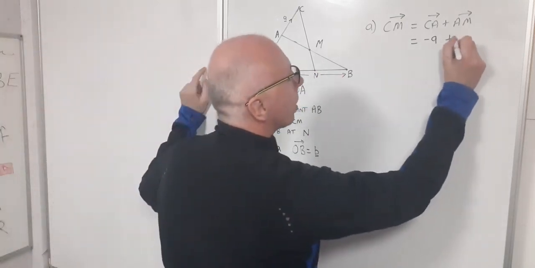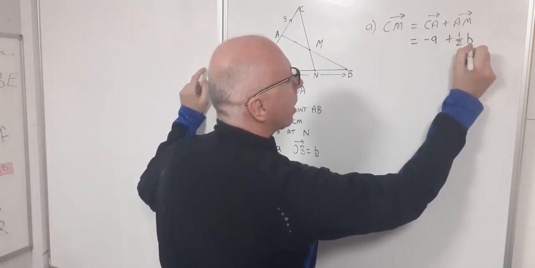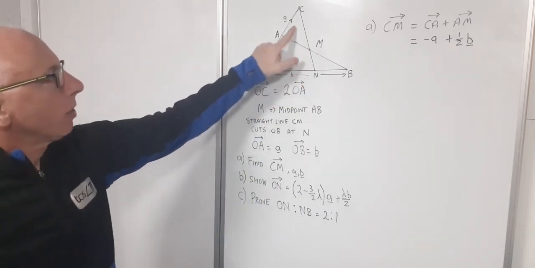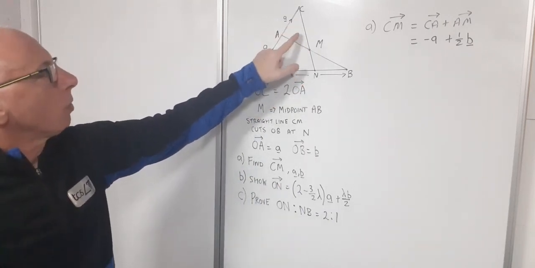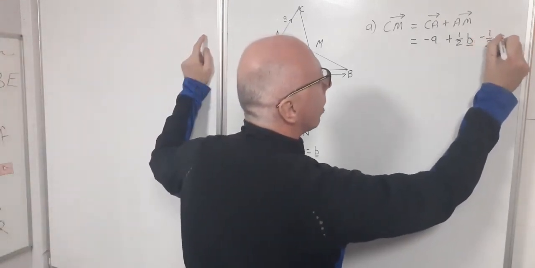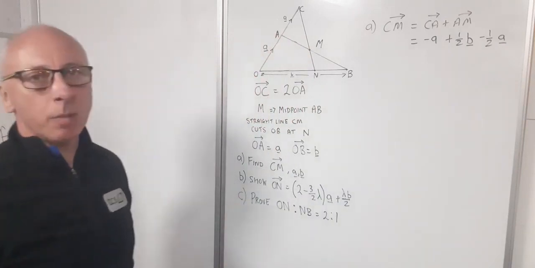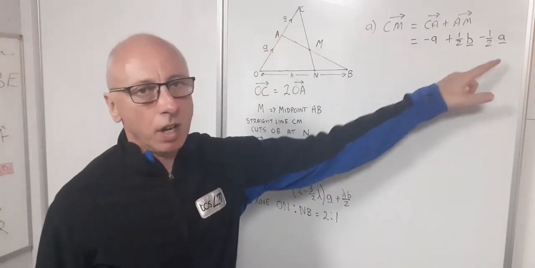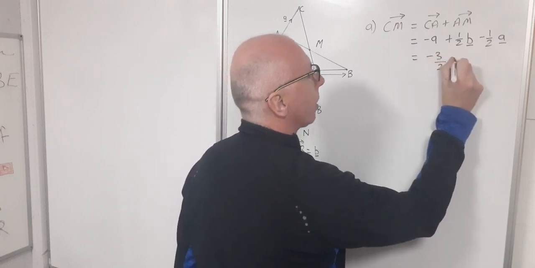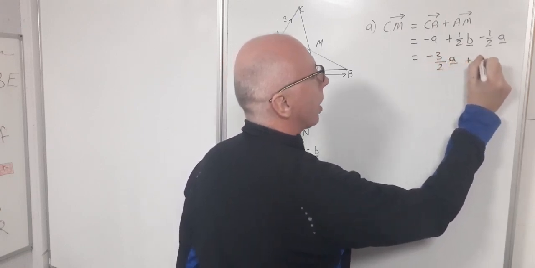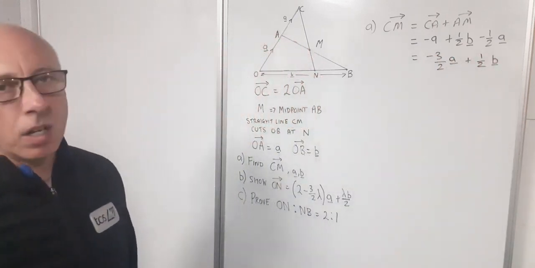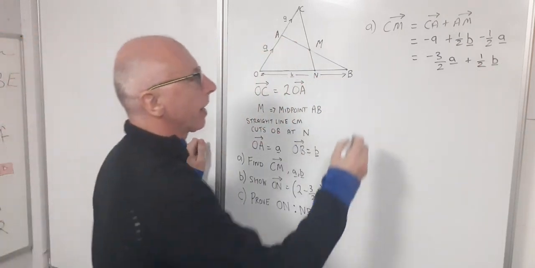So it's plus 1/2 of B as it's the midpoint. And here, as it's going in the opposite direction from C, we know that this is going to be minus 1/2 of the vector A. So now we can simplify that. We've got minus A minus 1/2 A. So that equals minus 3/2 vector A plus 1/2 of vector B. Okay, so that's part A taken care of.